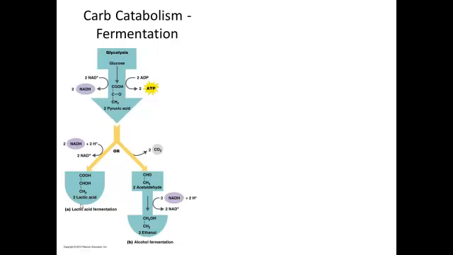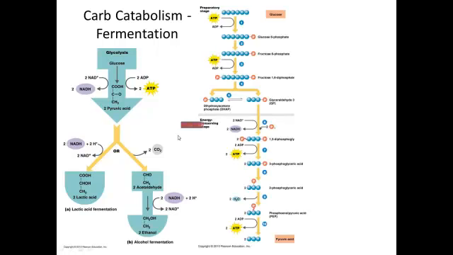Now, we're making use of the fermentation process for our own culinary needs, but the organism's goal is really to make the NADH for this part of glycolysis, so it continues to make those two ATPs.